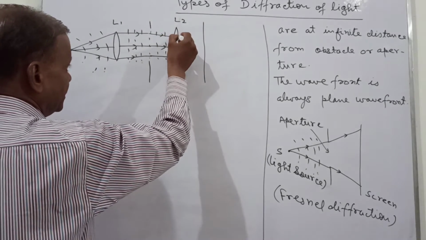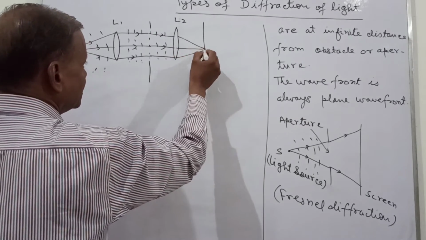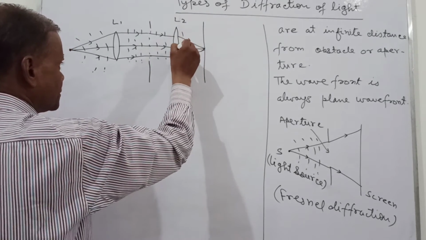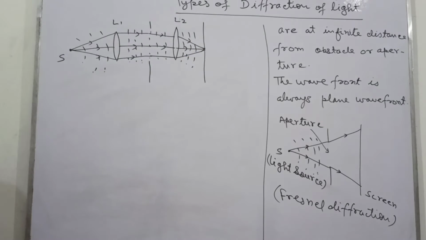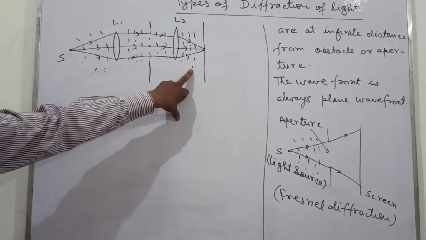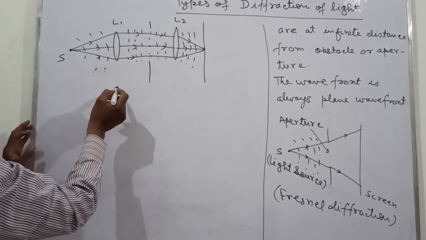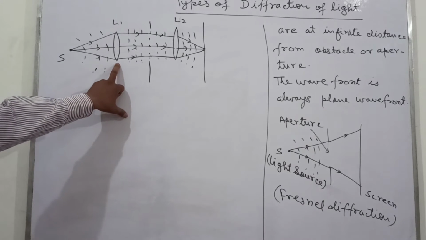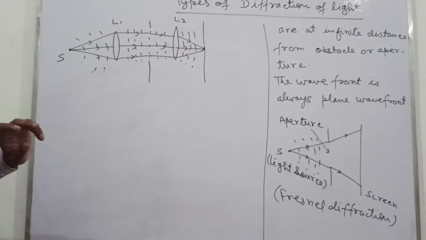This is the spherical wavefront, this is the plane wavefront, and this is again the spherical wavefront. So here we have the lenses. Now this source is at the focus of lens L1, and this screen is at the focus of lens L2.